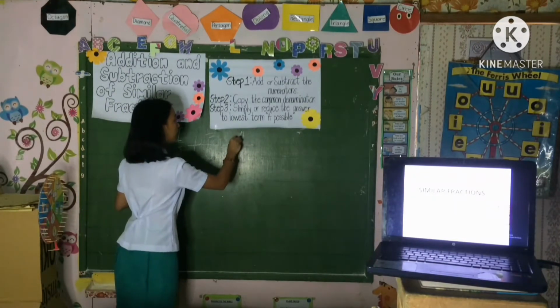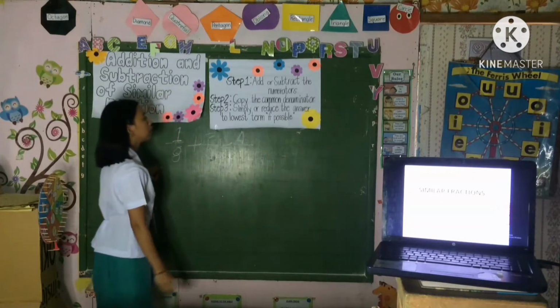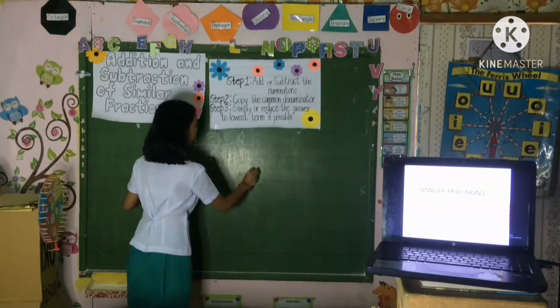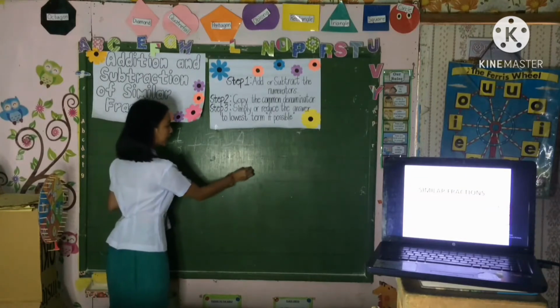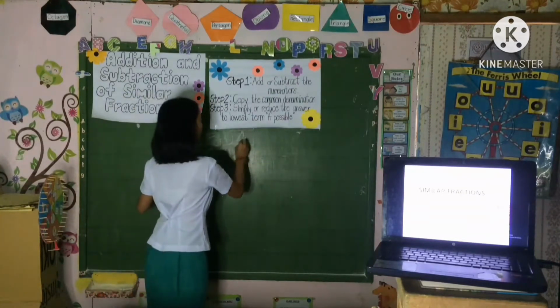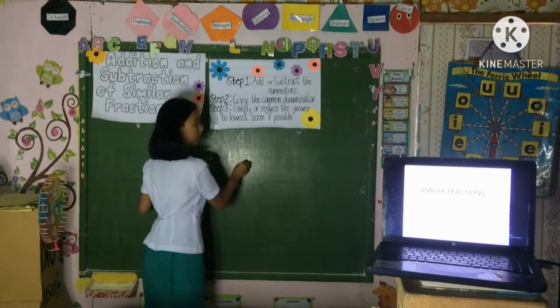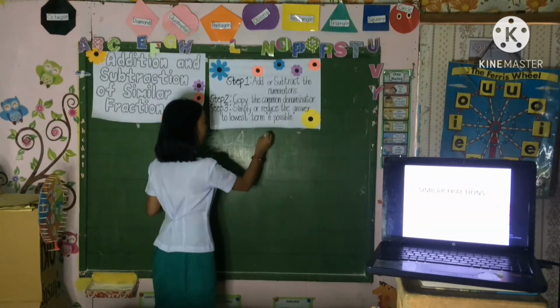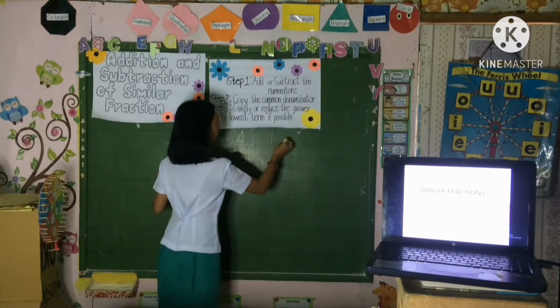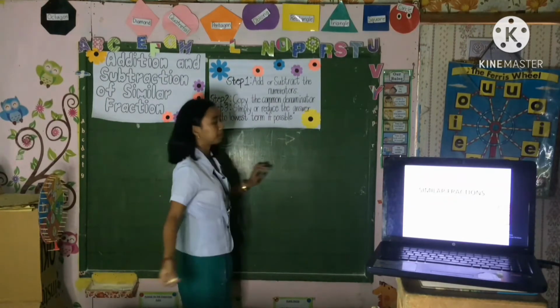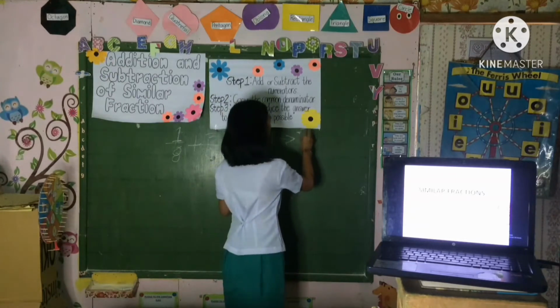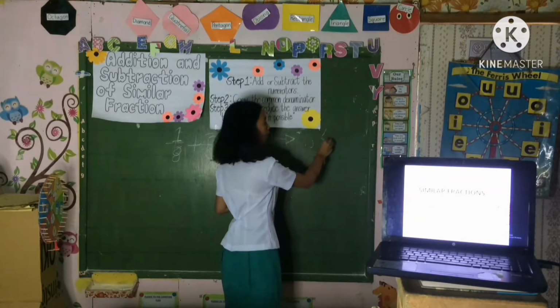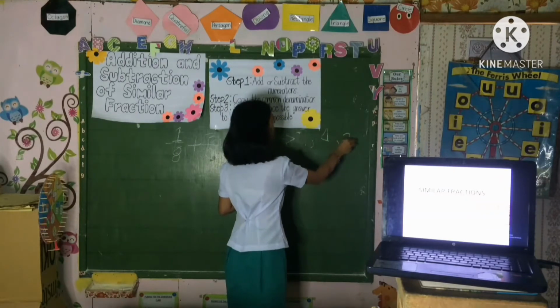So how do we reduce this answer to simplest form? Let's have a quick review. We are going to get the GCF, or greatest common factor, of 4 over 8. Can you give the factors of 4? Anyone from the class? Okay, very good: 1, 2, and 4.